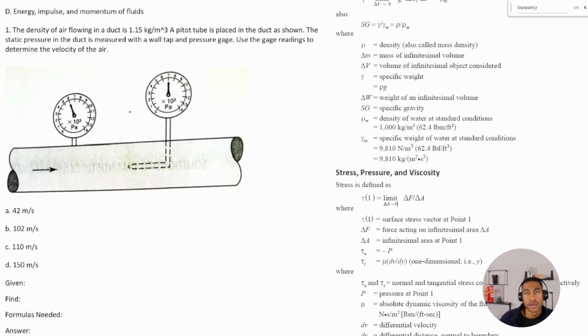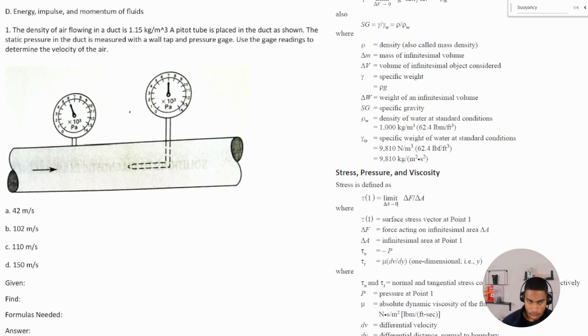All right, so welcome back to the last section of the fluid mechanics portion of the Civil FE exam review. Today, we're going to be looking at energy, impulse, and momentum of fluids. I got some interactive problems for today that aren't super complicated, but let's go ahead and get into them.